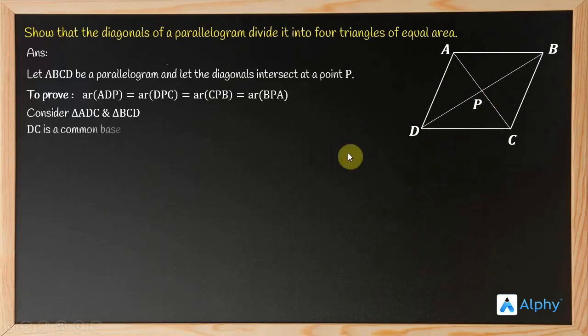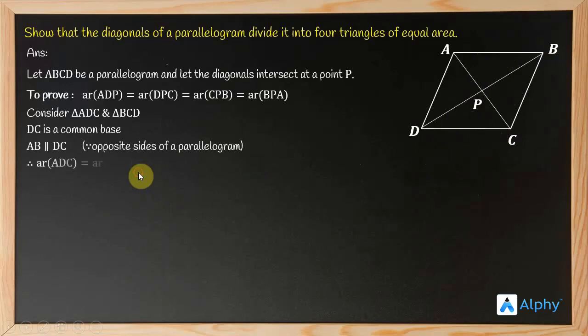Okay, so here DC is a common base and DC is parallel to AB because these are the opposite sides of a parallelogram, obvious. And so we can say that the area of ADC is equal to the area of BDC.